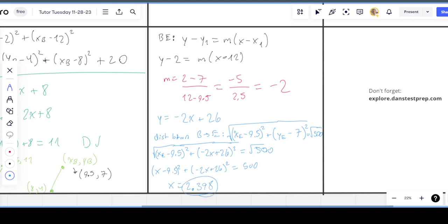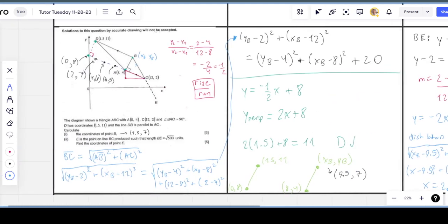I'm sure there's like a radical root kind of formulation for this, but I was a little bit too lazy to find it. Then the y value would be -2 times this plus 26. So the y value would be equal to -2 times 2.398 plus 26, which is 21.204.